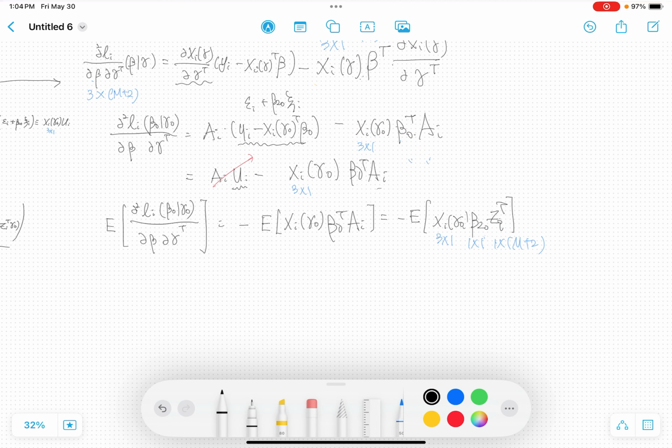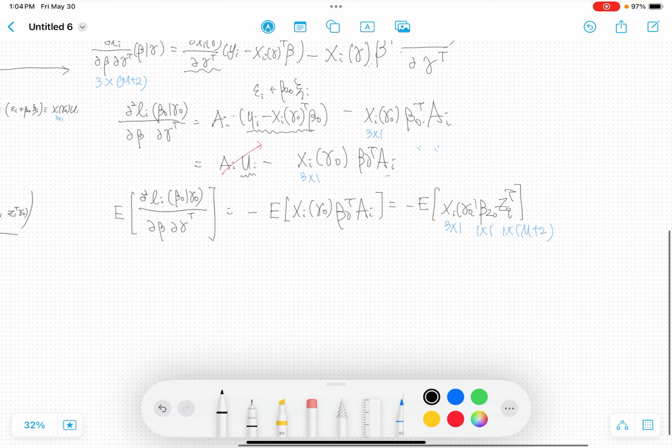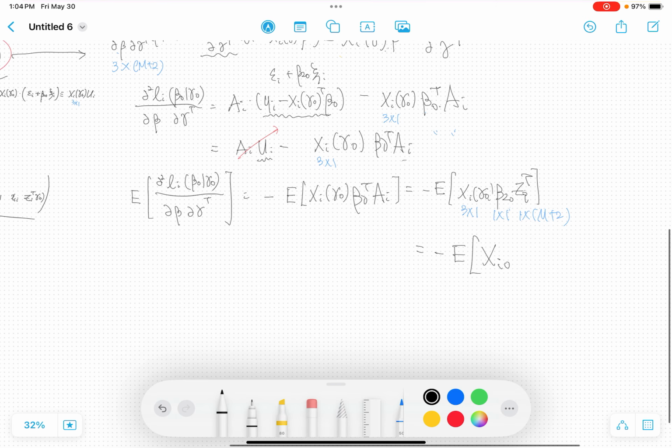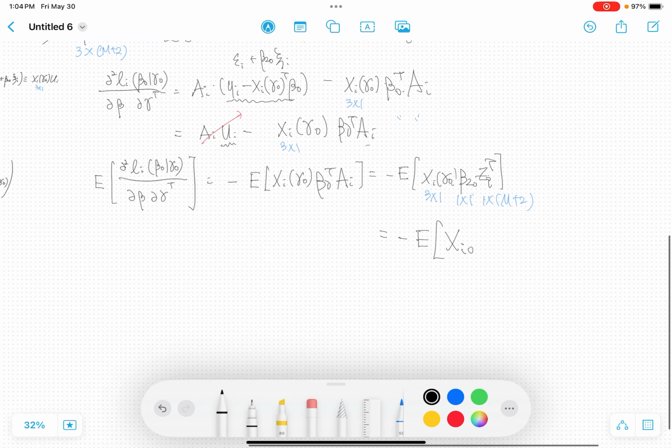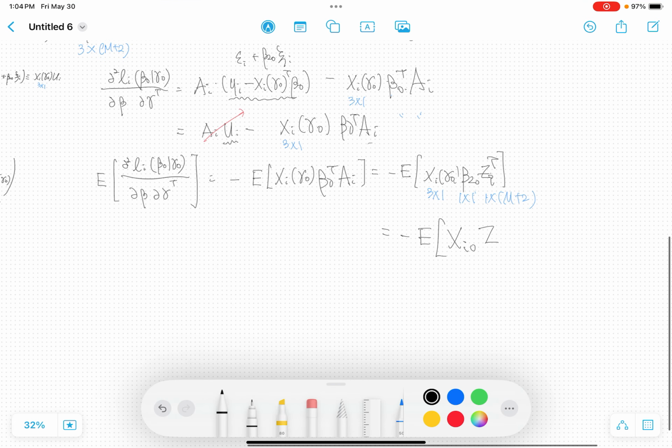Dimension matching. And then you can rearrange again this as minus expectation xi0, simple notation, and z times zi transpose, and I will bring beta 2 outside of the expectation.